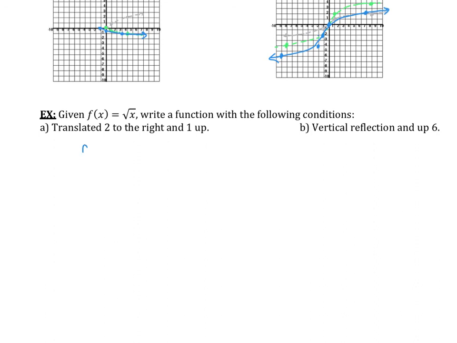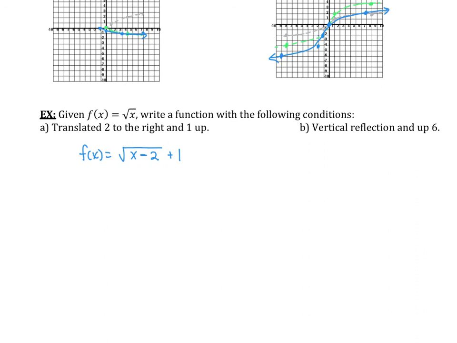Okay, hopefully on this one, if we're moving 2 to the right, I know that what's going to be inside here is going to be negative. So I'm going to have an x minus 2 inside the square root. Then if I move up 1, it's going to be plus 1. 2 to the right, up 1.